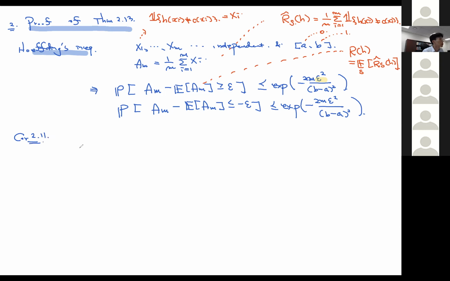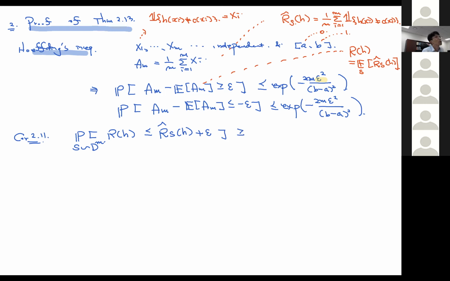This is about a single hypothesis. It says that if we have m independent samples for the inputs, the probability that the risk is greater than the empirical risk of h plus epsilon is bounded.